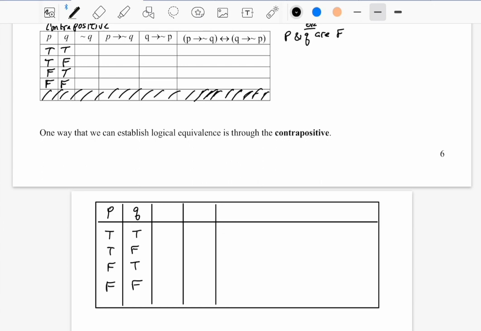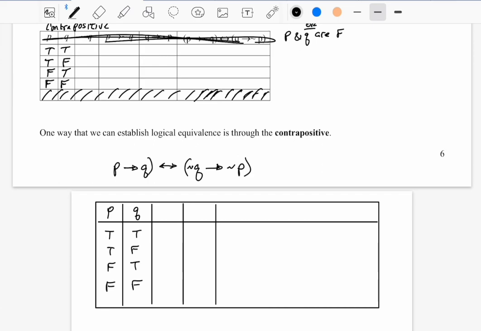You look at the ingredients of what you're trying to prove. What we're trying to prove is that P implies Q is logically equivalent to not Q implies not P. So that's what we're going for.